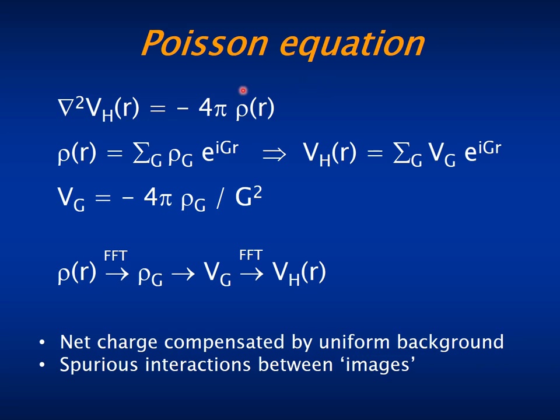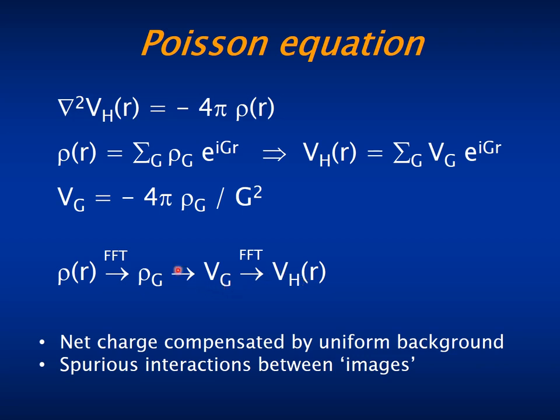And it allows us to solve Poisson's equation, that is, to find the electrostatic potential from the density, using fast Fourier transforms. What one does is Fourier transform the density, and then the Fourier coefficients of the potential are related to those of the density by this simple relationship, and then you Fourier transform back to real space.